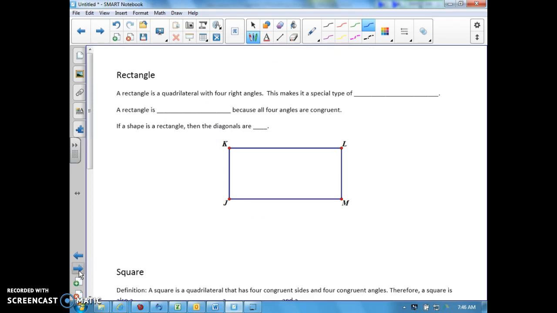Okay, rectangles. A rectangle is a quadrilateral with 4 right angles. This makes it a type of parallelogram also, because if all of your angles are right angles, it ends up that the opposite sides are parallel, which of course makes this a parallelogram.